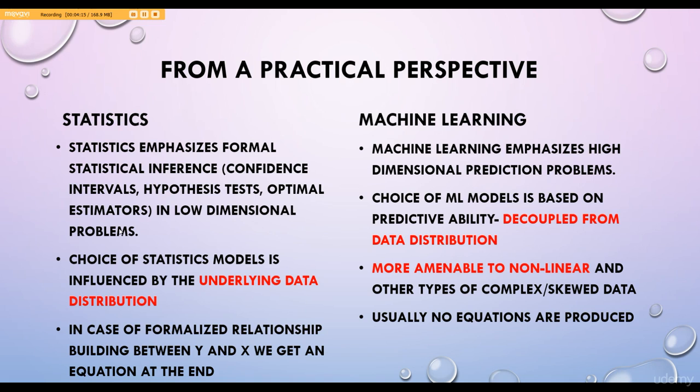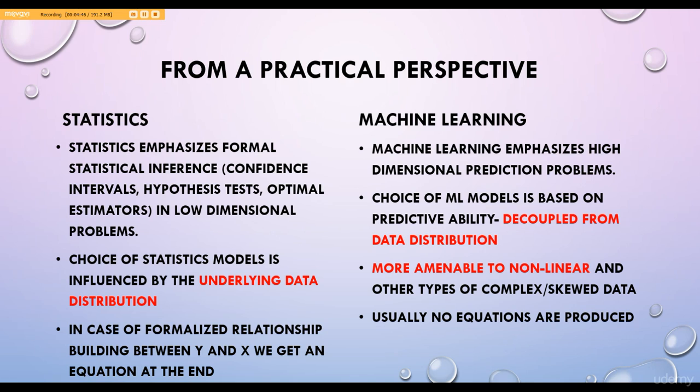And in the case of statistics, we get a formalized relationship between y and x in the form of an equation at the end. So when we worked with linear regression, we got an equation at the end. But in machine learning, usually no equations are produced. What we have is a trained machine learning system that is going to predict on unseen data, and the upshot is how well your machine learning system predicts unseen data, but you're not going to get any equations at the end.